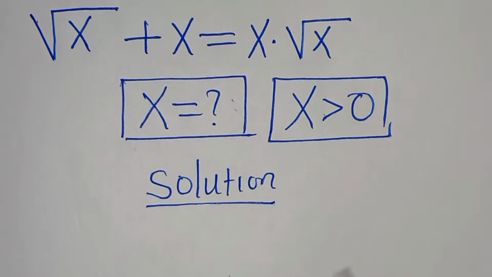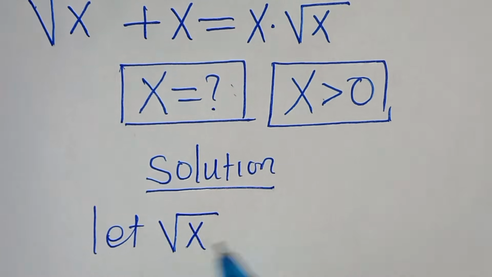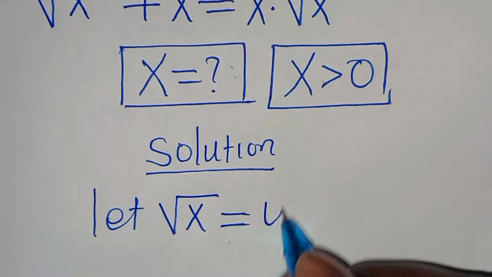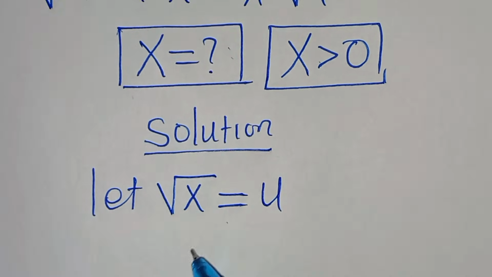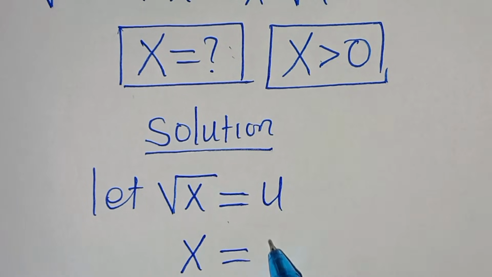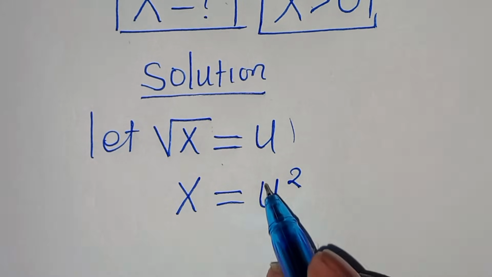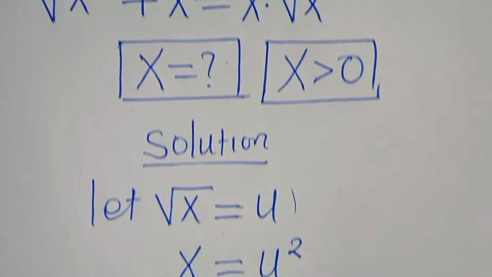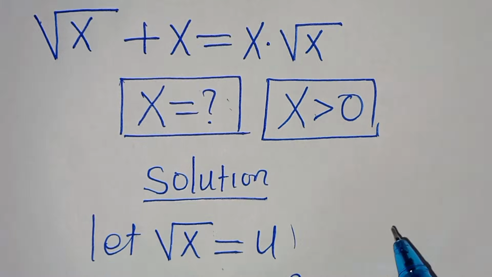The first step, we can let the square root of x be equal to u. So this means that we can express x as u to the power of 2. We just square both sides so that x is equal to u to the power of 2. Let's express this equation in terms of u.